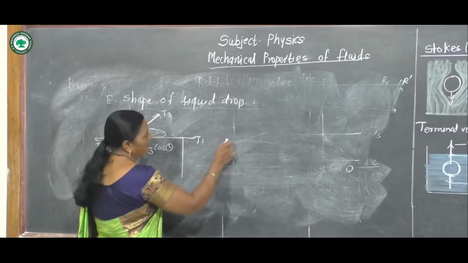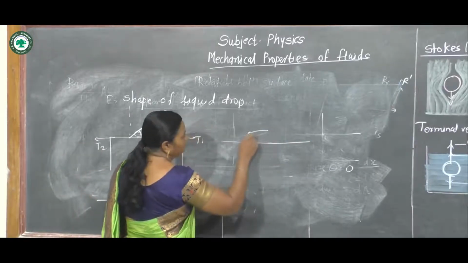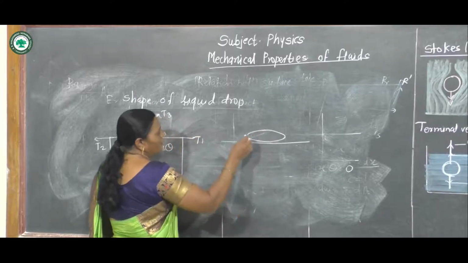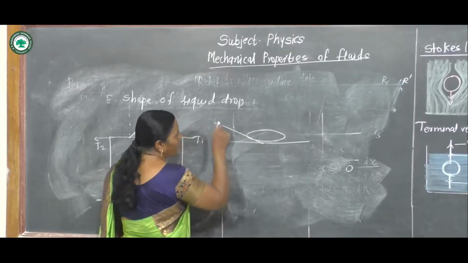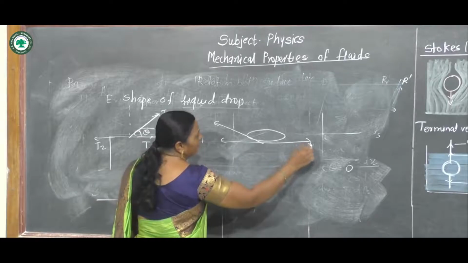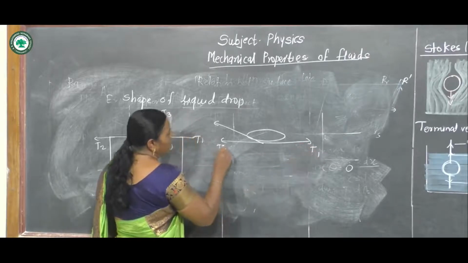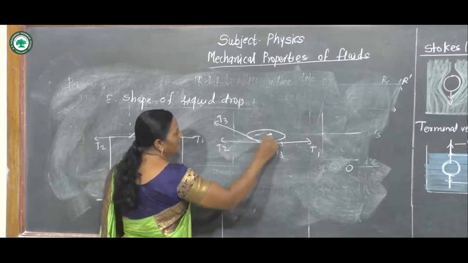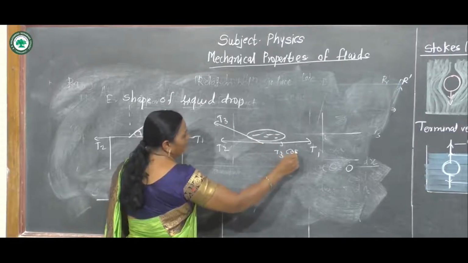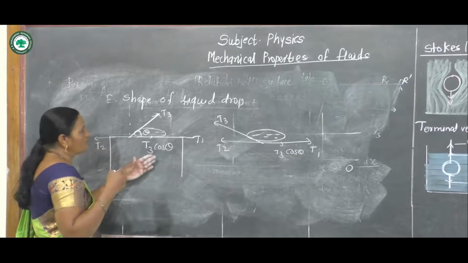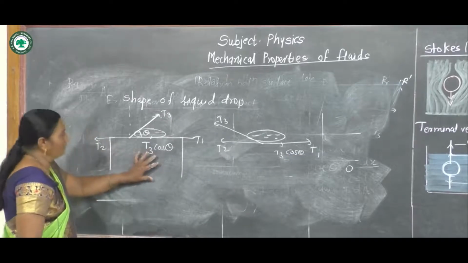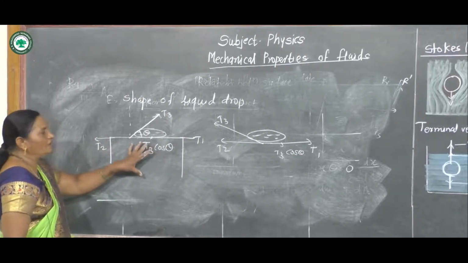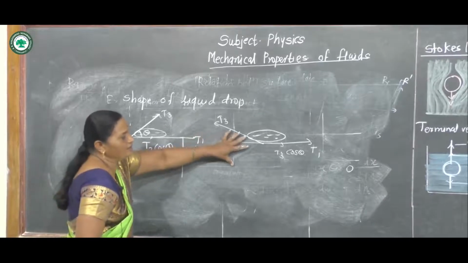Suppose we consider a mercury drop. Then this angle is obtuse. Again this is the T1 force, this is T2 force, this is T3 force, again it is T3 cos theta. The situation is the same; here we consider the impure water or kerosene, here we consider the mercury.